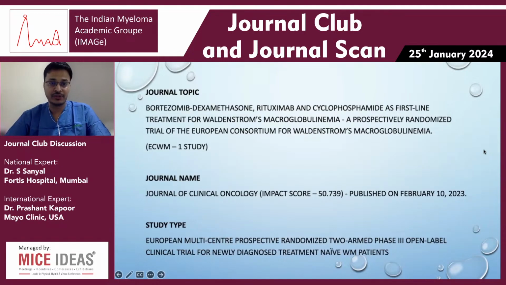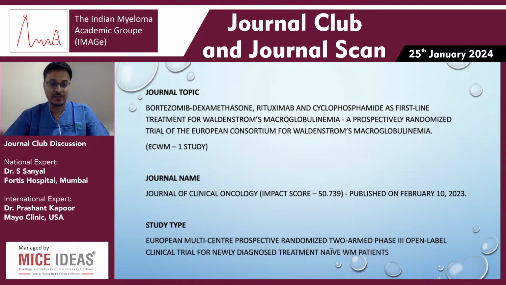The journal topic for today is the comparison of bortezomib, dexamethasone, rituximab, and cyclophosphamide as first-line treatment for Waldenstrom's macroglobulinemia. This was a prospectively randomized trial of the European Consortium of Waldenstrom Macroglobulinemia. The study centers were spread over 7 countries in Europe, and the study was called the ECWM1 study.